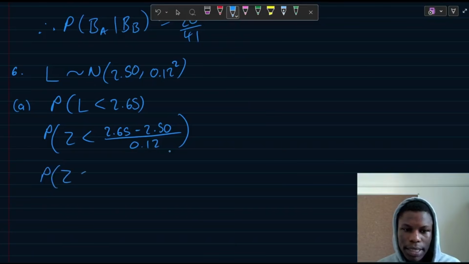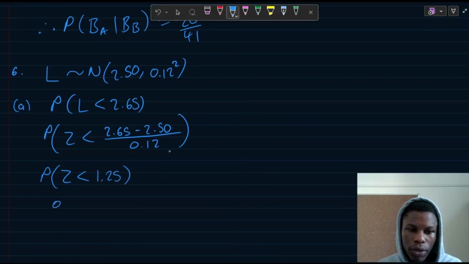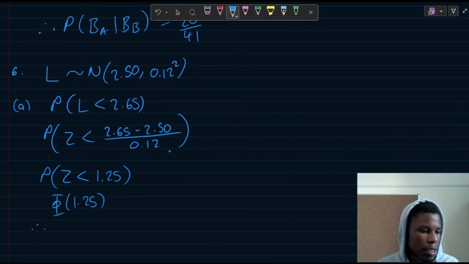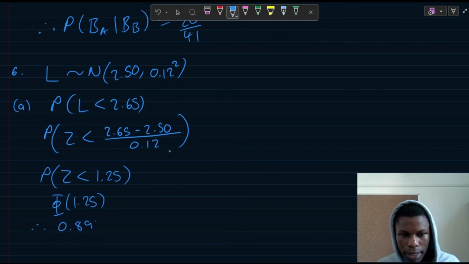So Z is less than 2.65 minus 2.50 over 0.12, and you get 1.25. We want to read off phi of 1.25 from our tables, and that would give us the final answer. You go to your tables, you're going to get 0.8944. So to 3 significant figures, 0.894.